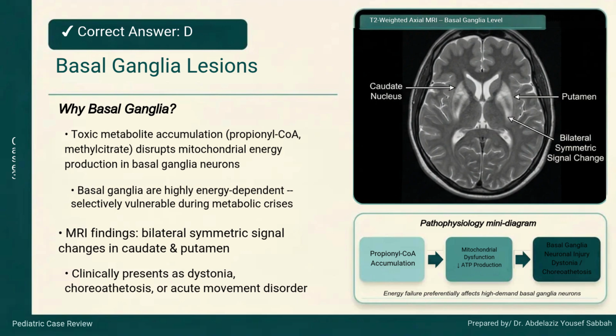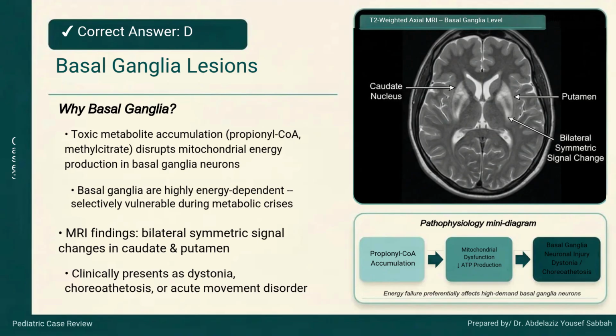The basal ganglia are selectively vulnerable in propionic acidemia because they are highly energy dependent. Toxic metabolite accumulation, including propionyl coenzyme A and methylcitrate, disrupts mitochondrial energy production in basal ganglia neurons. On magnetic resonance imaging, this appears as bilateral symmetric signal changes in the caudate nucleus and putamen on T2 weighted sequences.